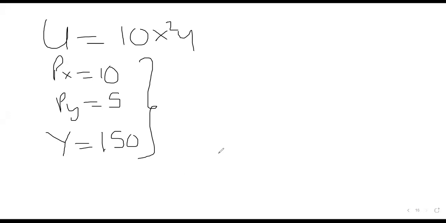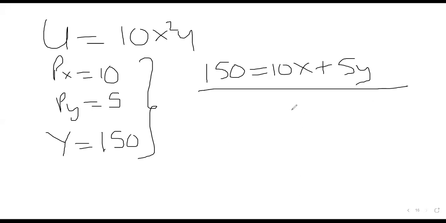So can somebody help me? What is the budget line? 150 is got what? 10x plus what? 5y. And how are we going to sketch this? Intercepts: 10 in 150, 15; 5 in 150, 30.